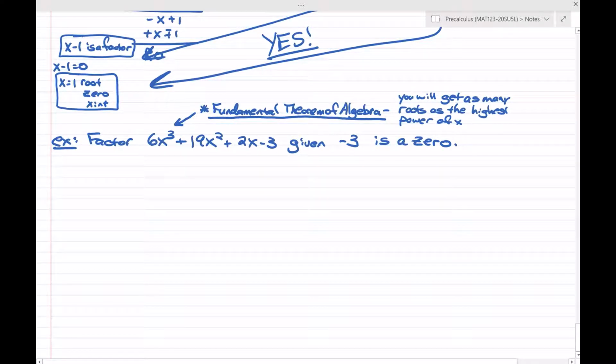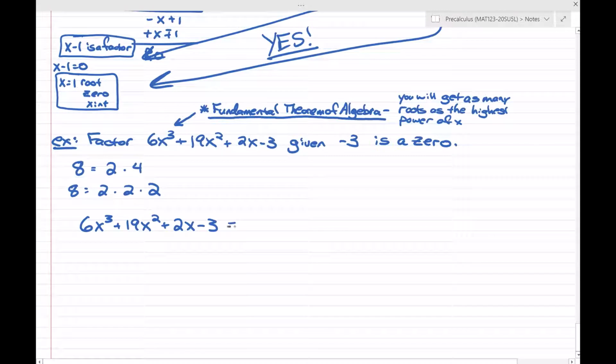So we're supposed to get 3. Now what if I asked you to factor 8? You would say 8 is 2 times 4, or 8 is 2 times 2 times 2, right? Factor means write as a product. So we know that 6x to the third plus 19x squared plus 2x minus 3 is equal to, well, we know one of the zeros is negative 3, which means x is equal to negative 3.